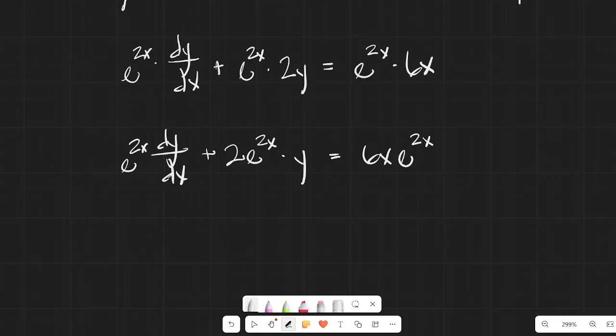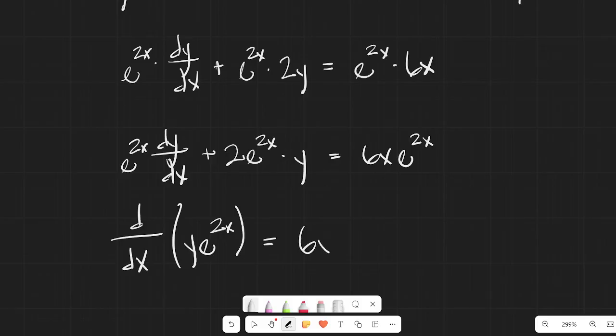So really we can recast this as the derivative with respect to x of the product of two different functions. And on the right-hand side, 6x times e to the 2x remains.